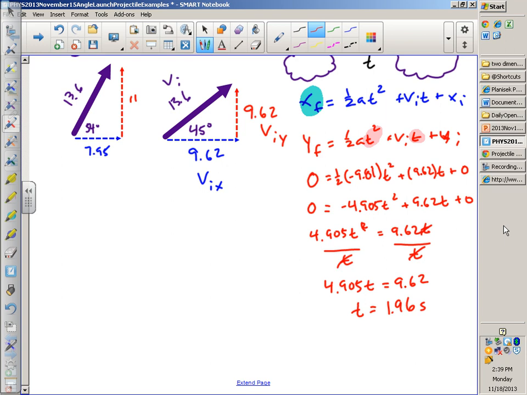Everybody okay with what I did with that algebra? How I got to where I needed to get to? Remember, if you've got t squared on one side and t on the other side, we can just divide both sides by t, and that'll get rid of t on the right-hand side, but it'll only leave you with one t on the left-hand side, and then you can solve.